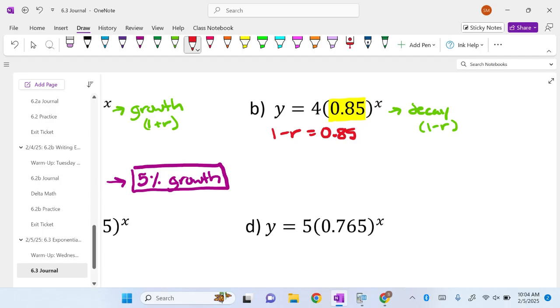If 1 minus a number is equal to 0.85, that is the same as saying 1 minus 0.85 is equal to r. So 1 minus r is equal to 0.85. That also means that 0.85 plus r is equal to 1. You guys see it now? So how do I find what my r is?